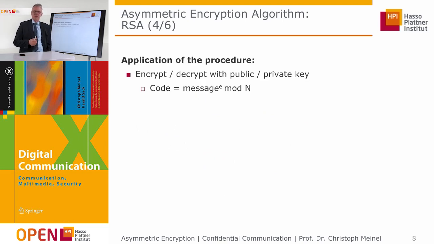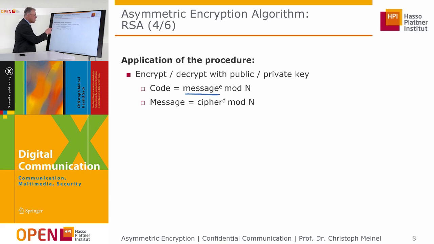So now we can apply the procedure. You have a communication partner who has his key pair, the public and the private key. We take the message. The message in this case is considered a number, and we compute the cipher text of this message by computing this number to the e modulo n.